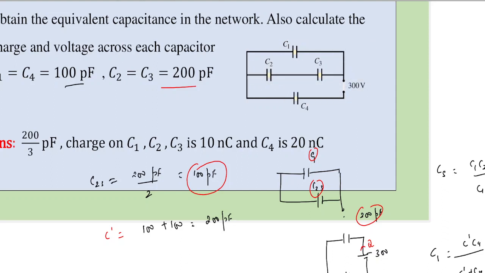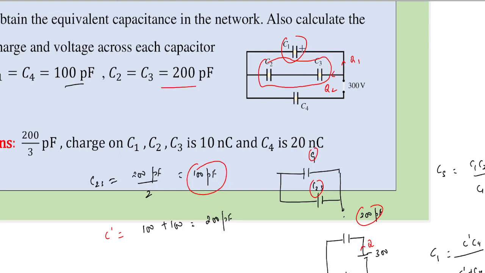Look at this. A charge coming from this point is, say, Q. A part of it, Q1, goes here, and a part Q2 goes here. In this case, the equivalent of C2 and C3 was 100 picofarad, and also C1 is the same value only, which means the charge finds two equivalent branches and divides into half.